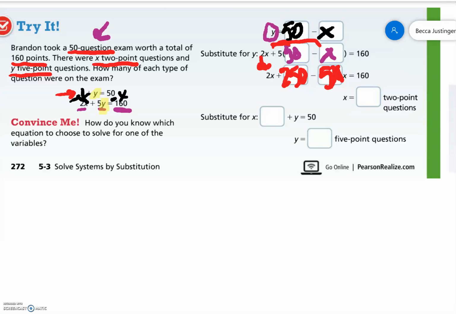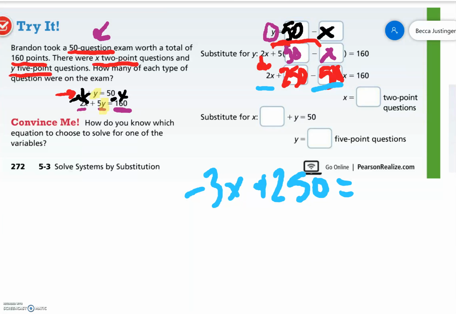Now, combining like terms, we get 2x minus 5x equals negative 3x plus 250 equals 160. Trying to get my x's by itself, I'm going to subtract 250 from both sides.